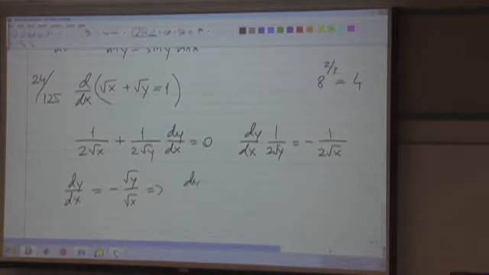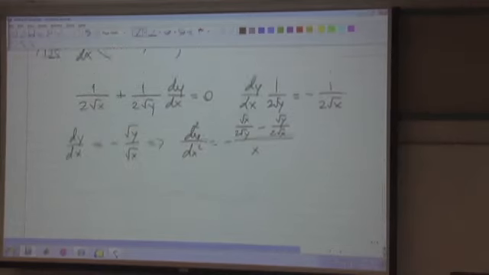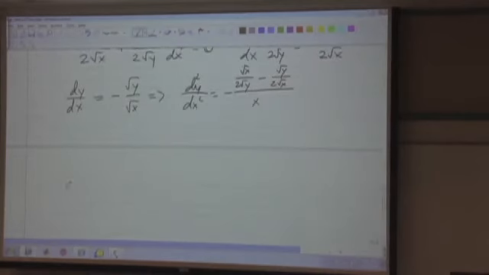Okay, so now dy or d squared y over dx squared is equal to minus square root of x over 2 times the square root of y minus square root of y over 2 times the square root of x, divided by x. And so I'll put in the minus so we make our life a little simpler.